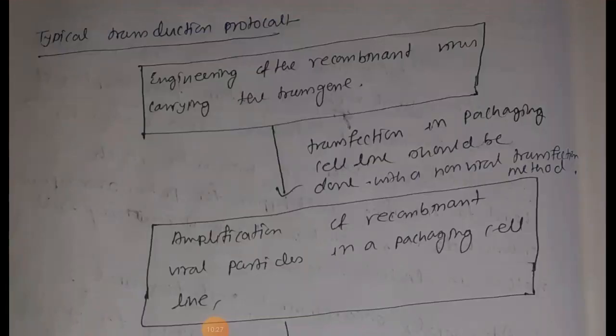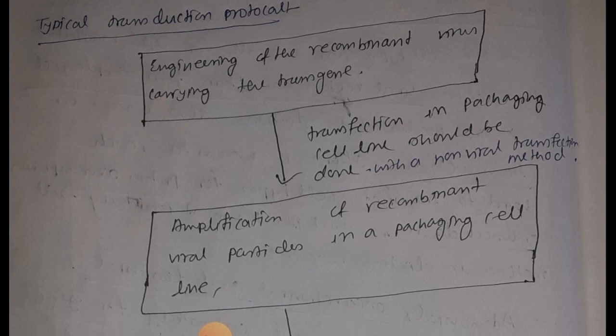So there are two-step processes, right? First of all, we will engineer our recombinant virus, and now our virus contains the transgene, that is our gene of interest. Then we will transfect them in a packaging cell line for amplification.